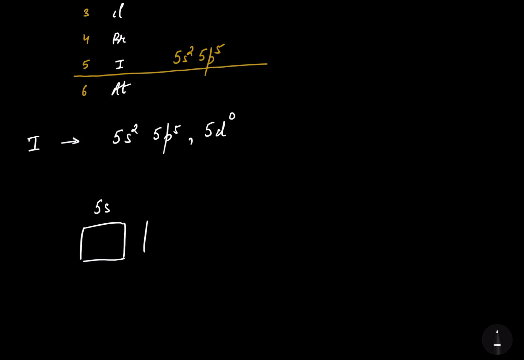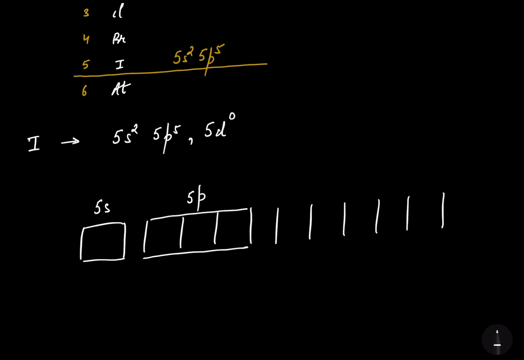The p subshell always has 3 degenerate orbitals. Degenerate orbitals stands for orbitals with equal energies. So I have shown 3 boxes, and that's the 5p. Now let's talk about the 5d. In case of 5d, we have 5 degenerate orbitals, that is orbitals with equal energies. That's why I have shown 5 boxes collectively for the 5d subshell.